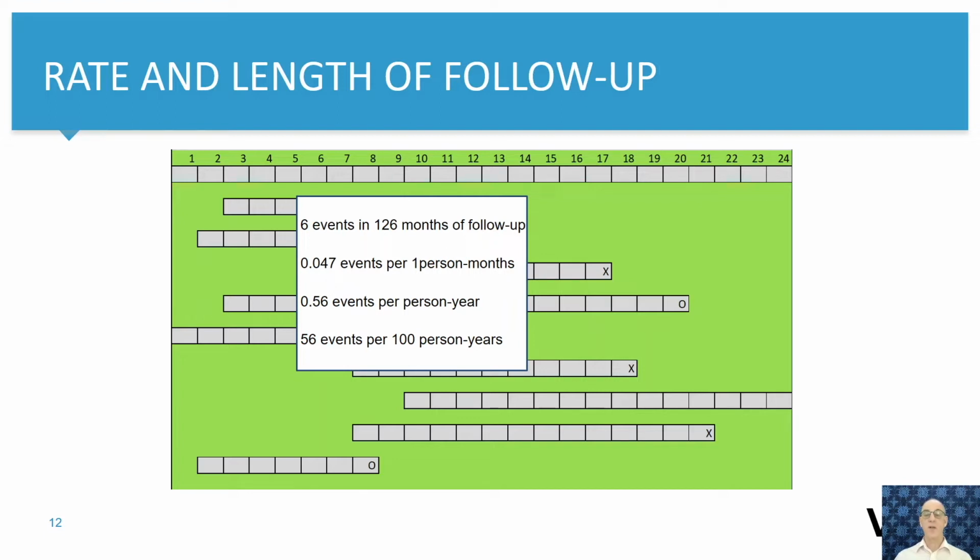And just mathematically, that translates into 0.047 events per person month, or 0.56 events per person year, or 56 events per 100 person years. So the rate or incidence density can be expressed in any form of the time, whether that is a person month or a person year or 100 person years, or any other form that you might like.